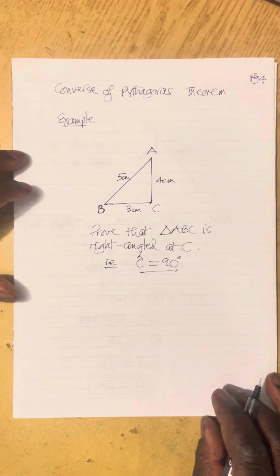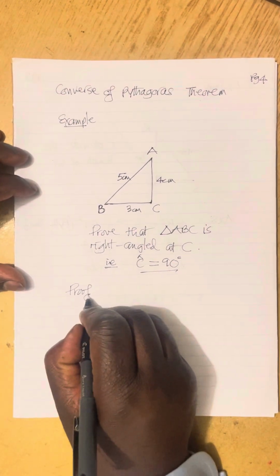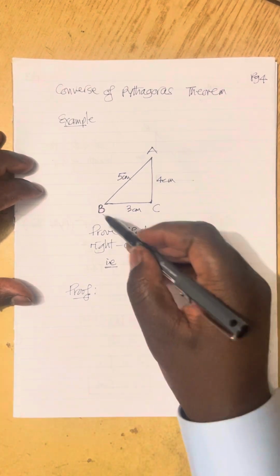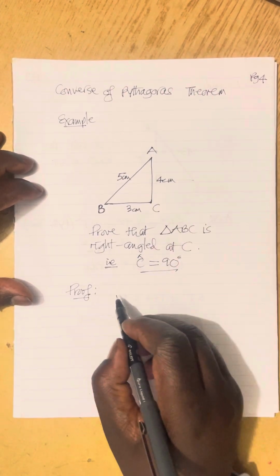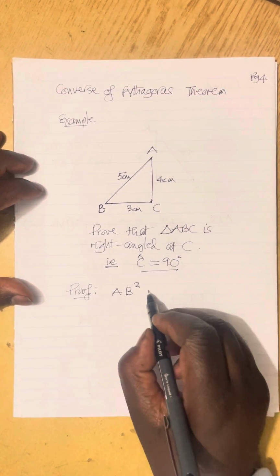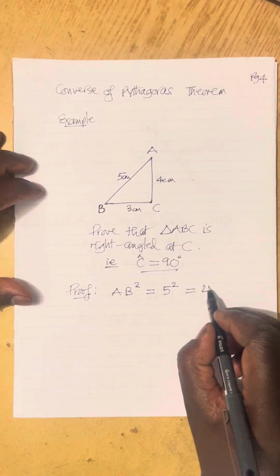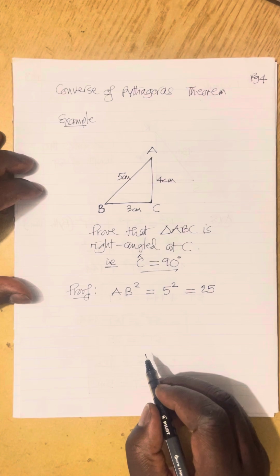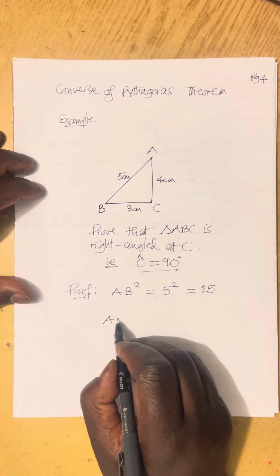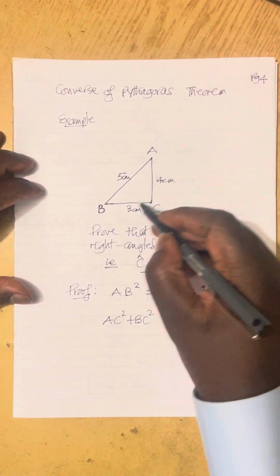Now, how do you prove this? Well, simple. Proof: we do the opposite of Pythagoras theorem. So we're going to say the longest side here is 5. We take AB, we square it. The answer is going to be 5, forget about the units, squared. And this is 25. And then talk about AC squared plus BC squared.